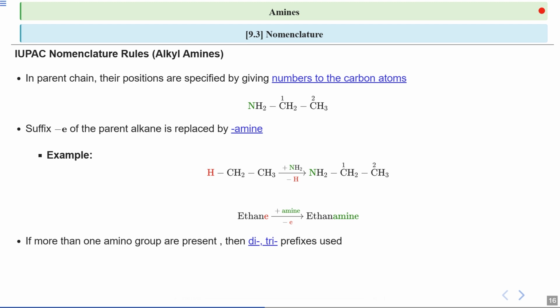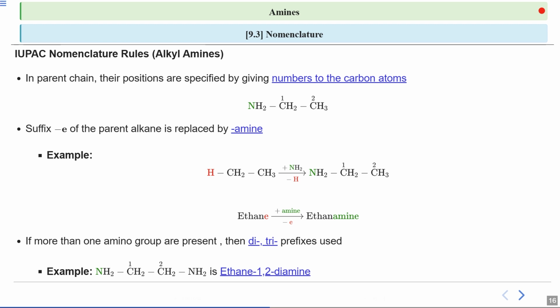Now, if more than one amino group in the molecule is there, we use prefixes like di for 2, tri for 3. Okay, so this tells us how many amino groups they are attached to the carbon chain. So if you look at this particular example, you will see over here that 2 NH2 groups are attached.